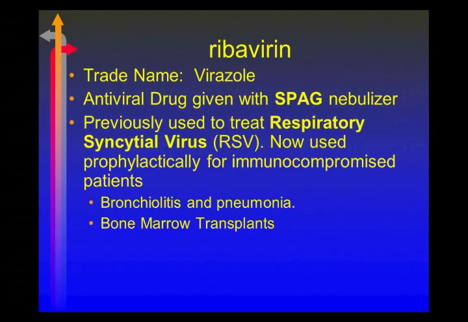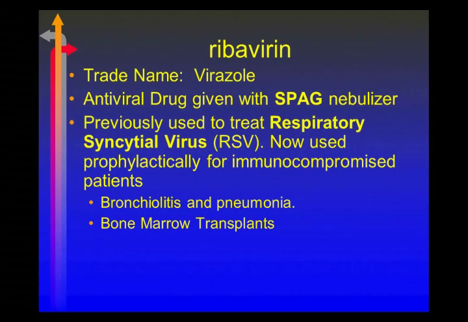However, patients that are immunocompromised can still develop RSV infections, not a bronchiolitis like you're going to see in a newborn or an infant, but rather an immunocompromised person, somebody who's had a bone marrow transplant or is immunocompromised for some other reason.